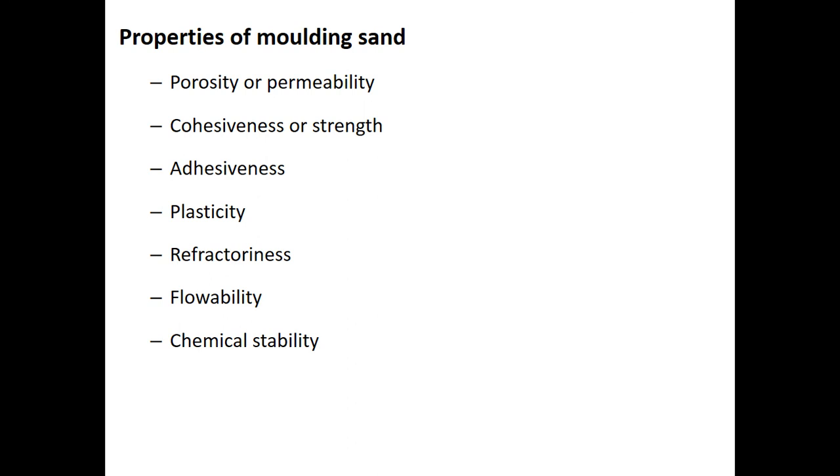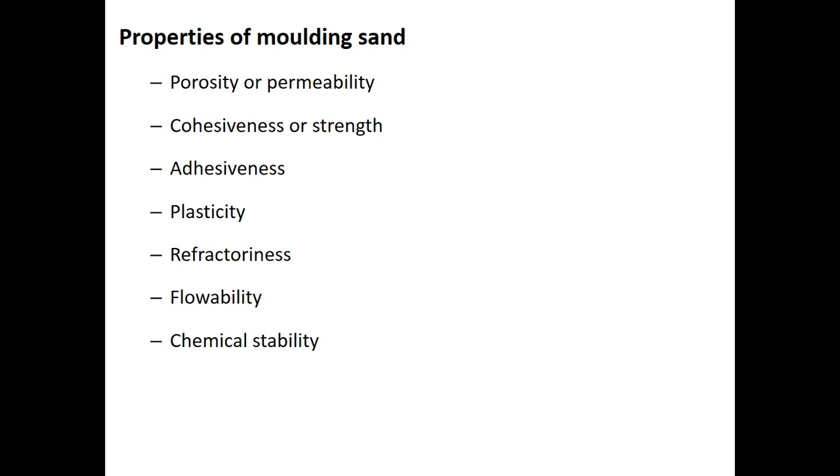This property helps the sand to flow and pack around the pattern, filling all the parts of the molding box. Plasticity or flowability depends upon the clay and water content.